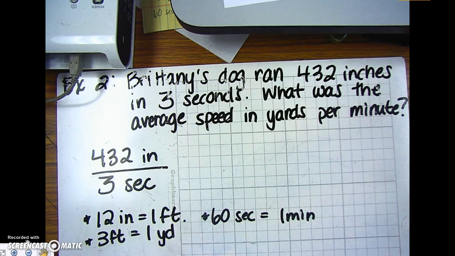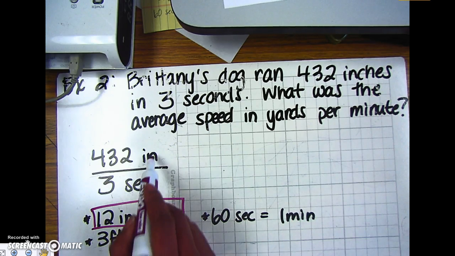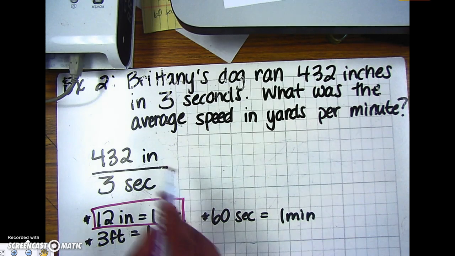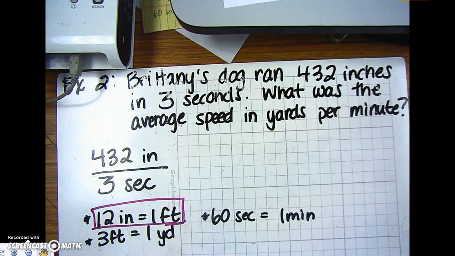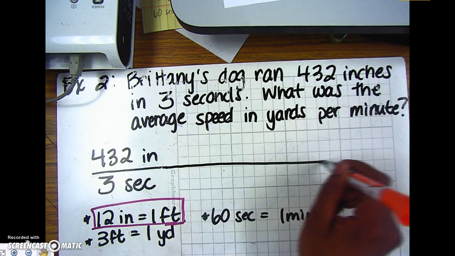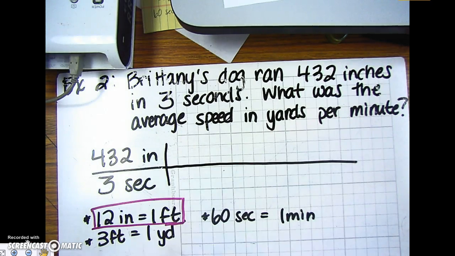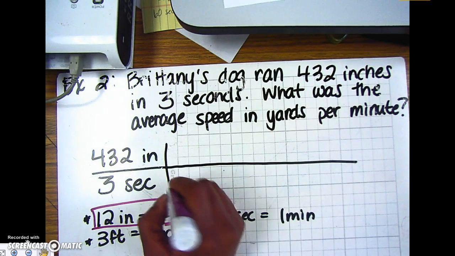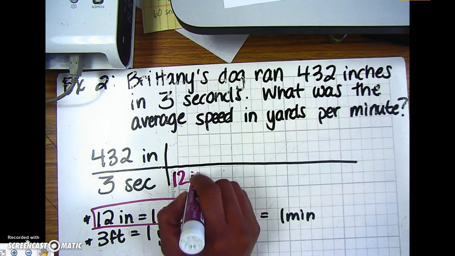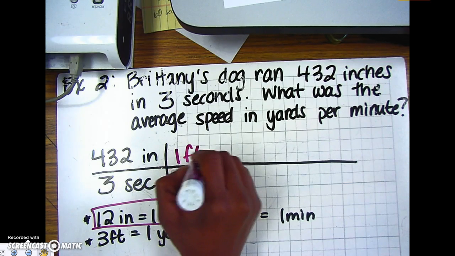The first one we'll do is the 12 inches and 1 foot. Since the inches is on top here, the inches will go on the bottom in our table. So 12 inches on the bottom and 1 foot on the top.